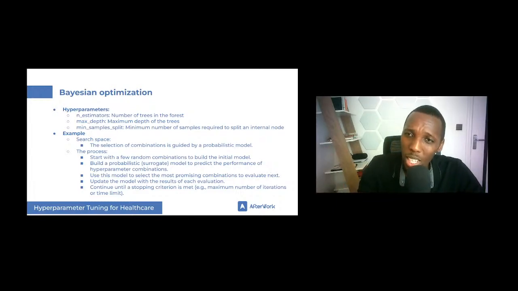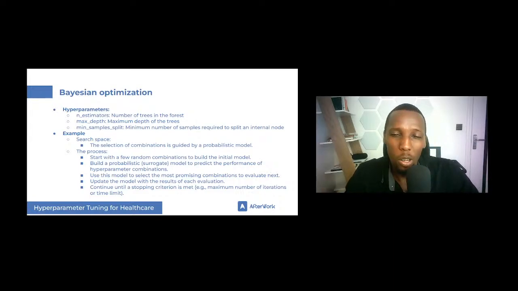And that model will now use the lessons or outcomes of the few random combinations that it got to now predict which other hyperparameter combinations would work best, and would lead to the best performing model. So it wouldn't now just select randomly the combinations to try out in the future.